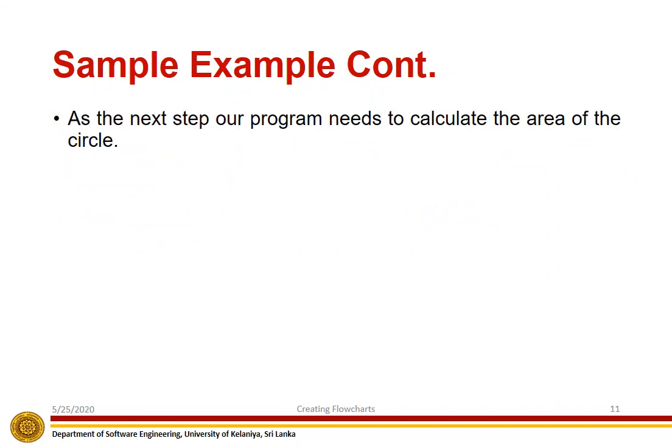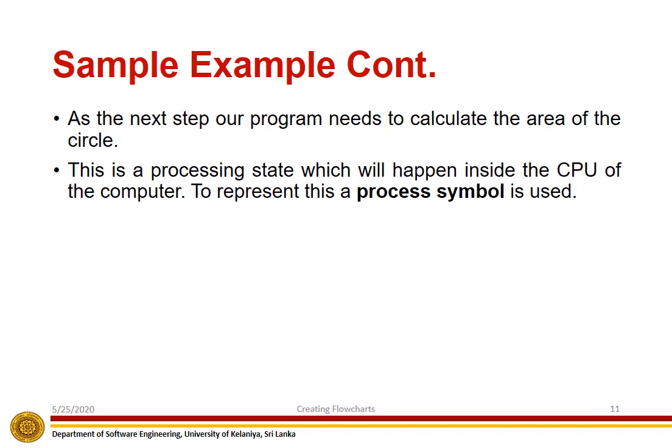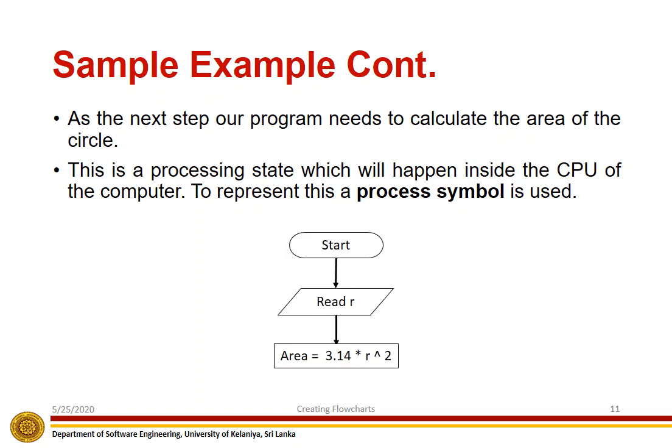As the next step of our program or algorithm, we need to calculate the area of the circle. This is a processing stage which will happen inside the CPU of the computer, because we need to do a calculation. To represent this, we are using a process symbol. You can see in the slide, again we are using the arrow to connect the process symbol to the part of the flowchart that we built until now.